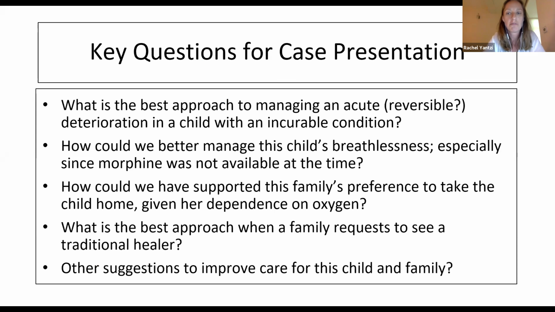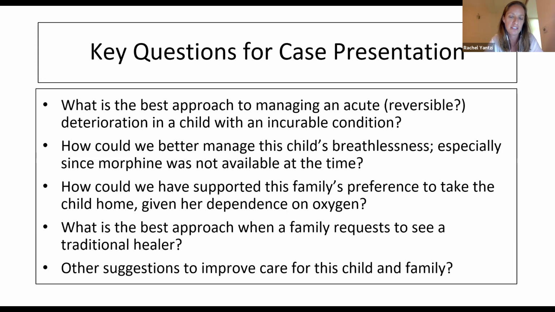So some of the questions that I wanted to propose for discussion were, first of all, what is the best approach to managing an acute and potentially reversible condition or deterioration in a child who ultimately has an incurable condition underneath? The second question was, how could we better manage this child's breathlessness, especially since morphine at the time was not available?